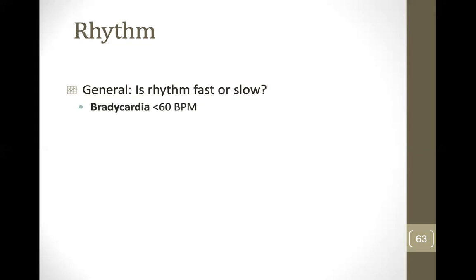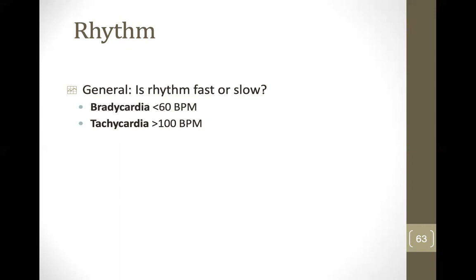So bradycardia would be a slow heart rate. Anything that is above 100 beats per minute is a fast heartbeat. Tachy means fast, so tachycardia is a fast heartbeat, indicating that it's above 100 beats per minute. Anything that is between 60 and 100 is just considered a normal rate.